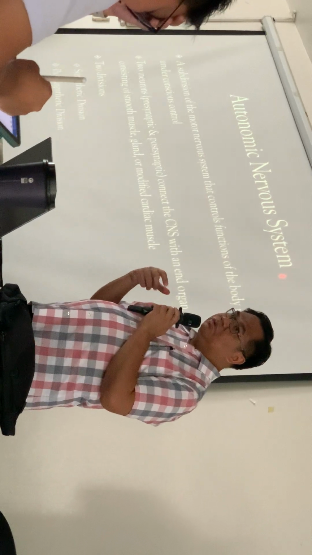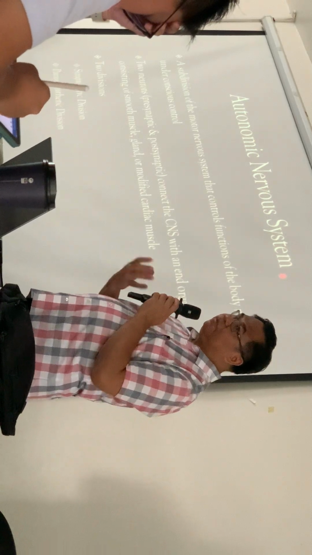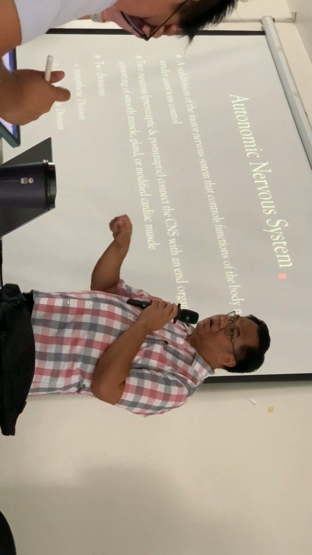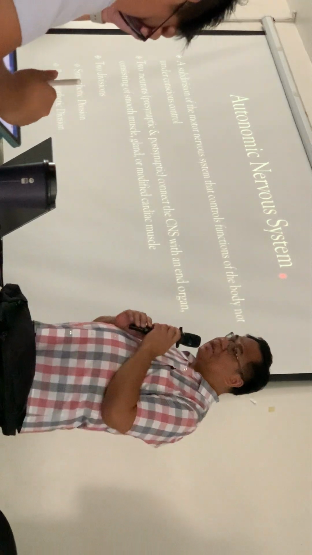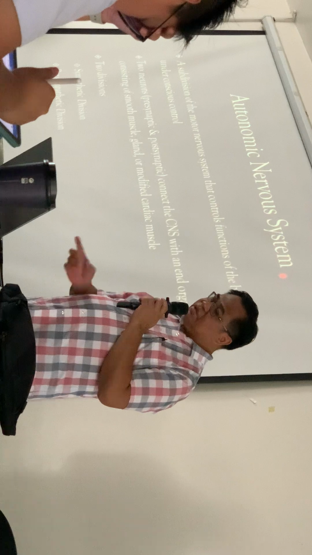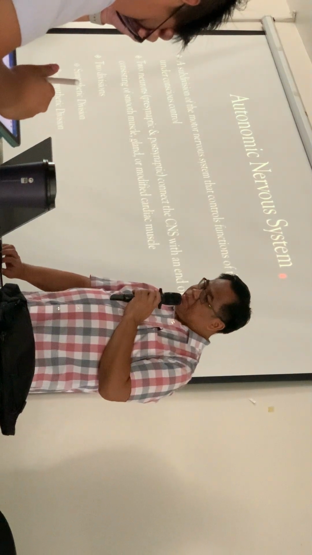So you don't need to think about telling your stomach to digest the food, move the food downward, have the gland secrete digestive enzymes. So it is not under voluntary or conscious control.